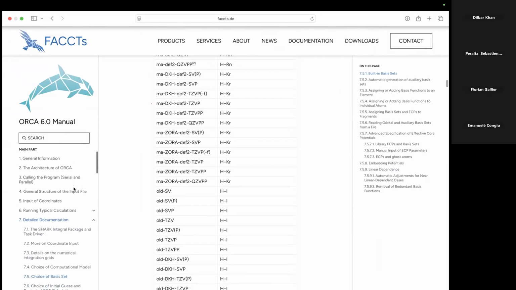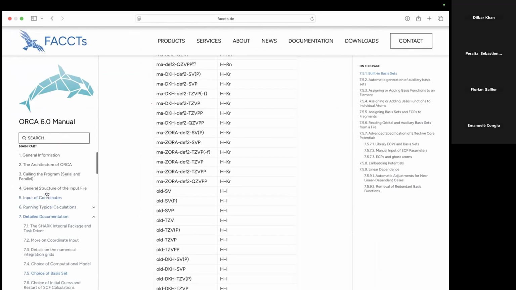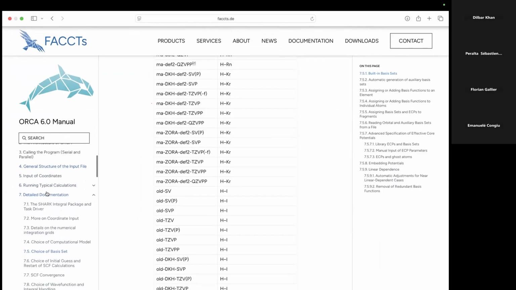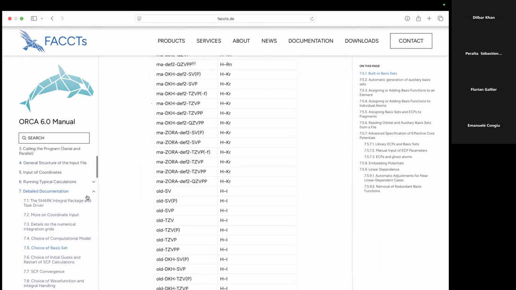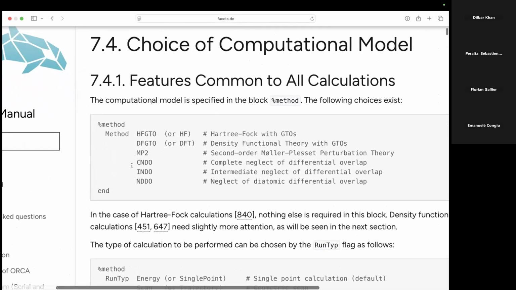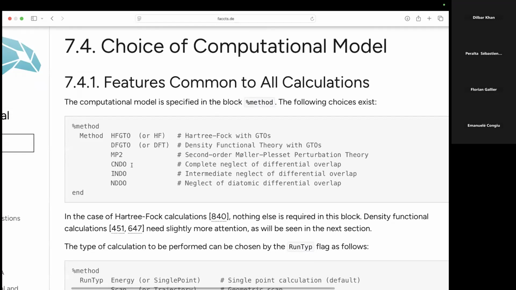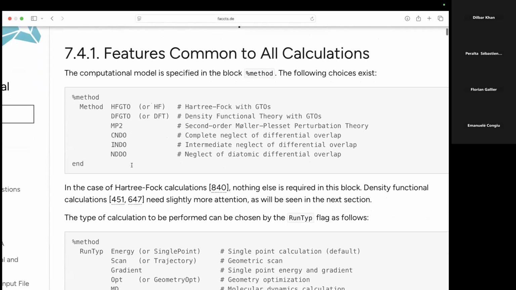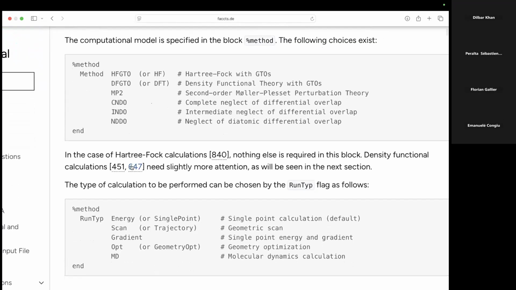So the other thing is the computational method. Let me find. Choice of the computational model. So this is the model. The model is the method you compute the energy of the molecular system, in a way to define the Hamilton operator.